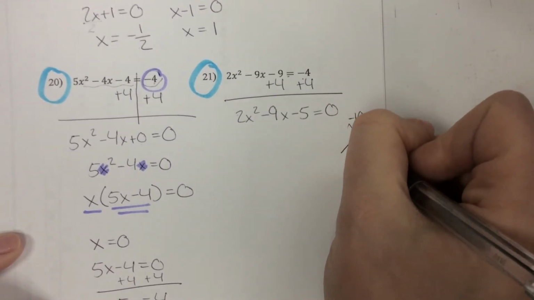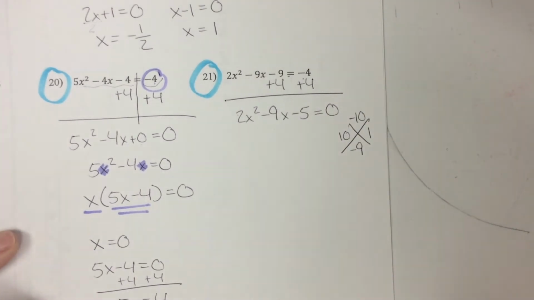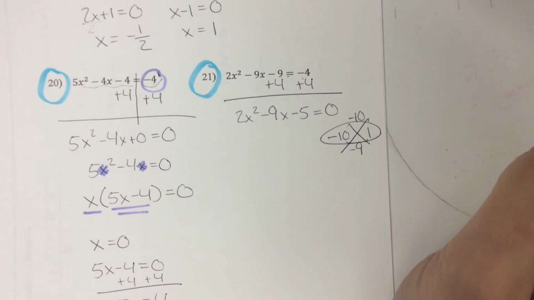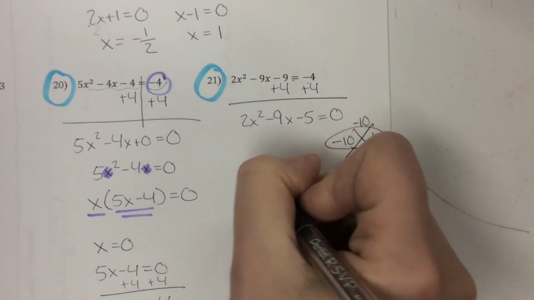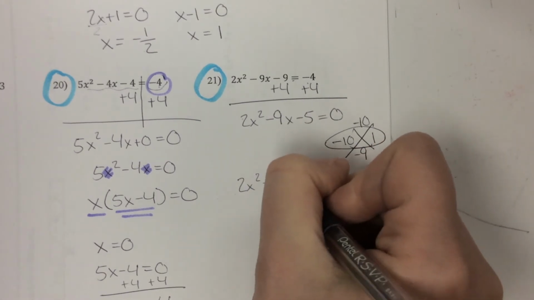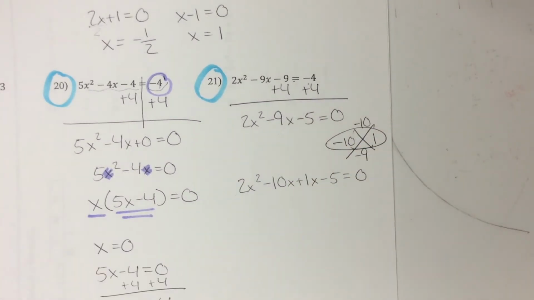Need them to add up to negative 9, so it's got to be 10 and 1. Just which one's got to be negative? The 10. Okay. All right, so 2x squared minus 10x plus 1x minus 5 equals 0.